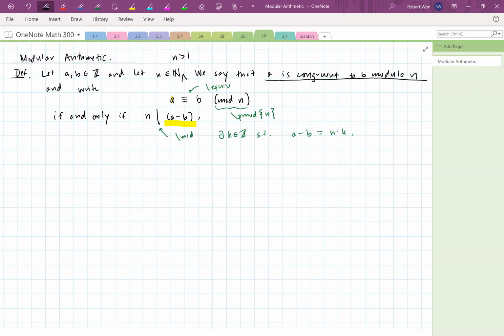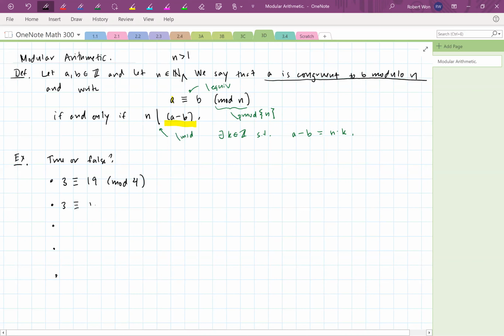But as with any definition, the first thing we should think about is what are some examples? Okay, so let's consider the following questions. True or false? I'll give you 5, which you should think about. Is 3 congruent to 19 modulo 4?